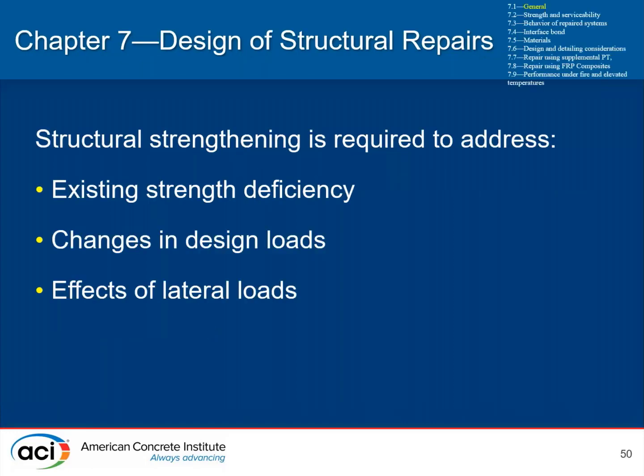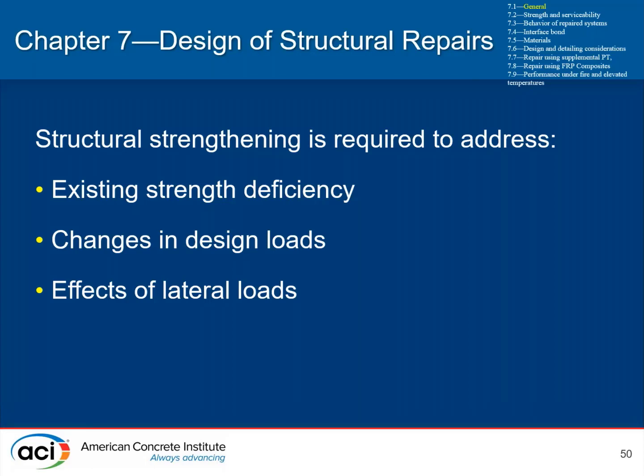Strengthening, as discussed in Chapter 7, is required to address existing strength deficiencies, changes in design loads, and effective lateral loads. Perhaps, looking at the existing strength deficiencies, original construction defects, perhaps where the reinforcing steel wasn't where it should be, or the concrete strength isn't quite what it should have been, to a degree that it impacts the capacity in accordance with what would be expected with tolerances that are standard in the industry.